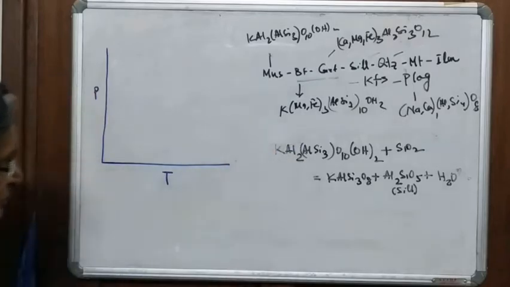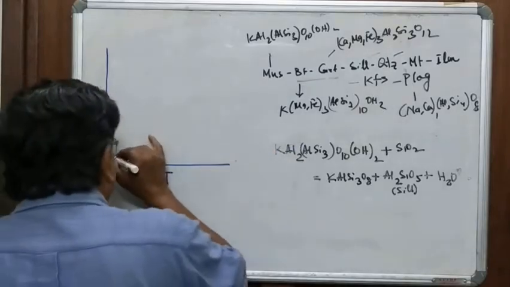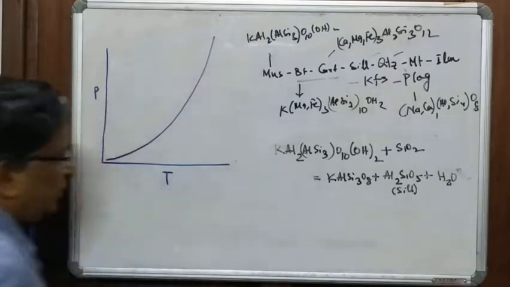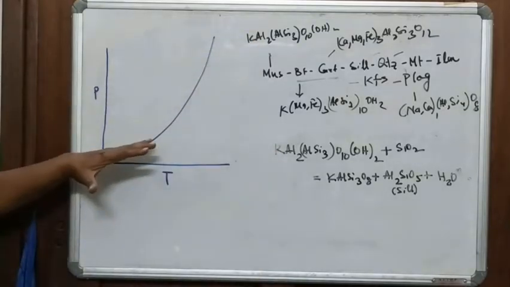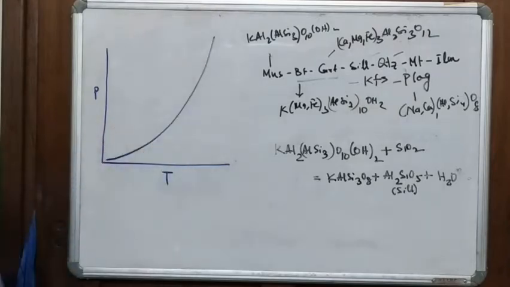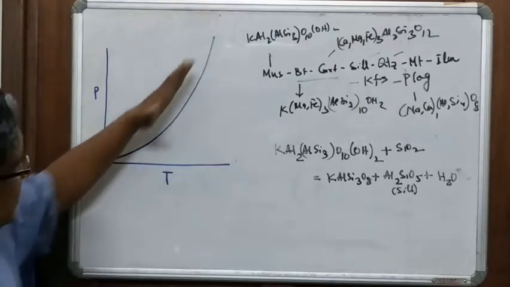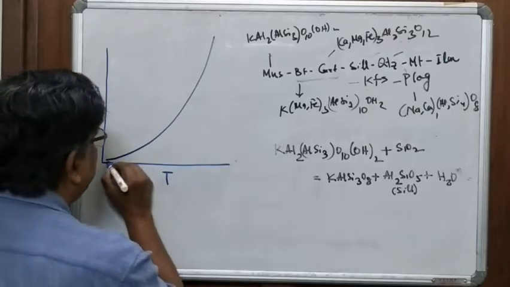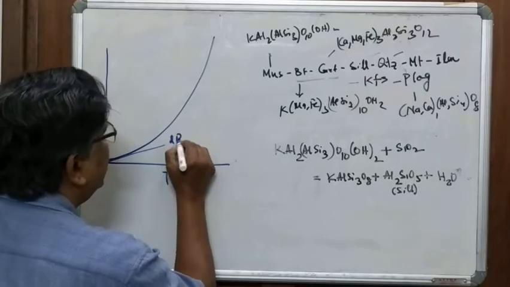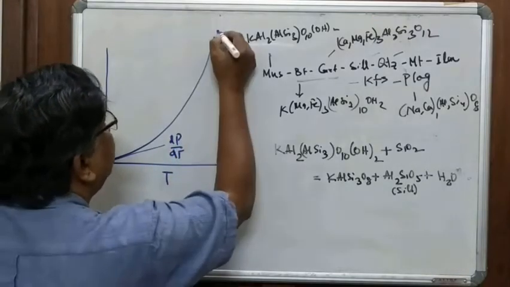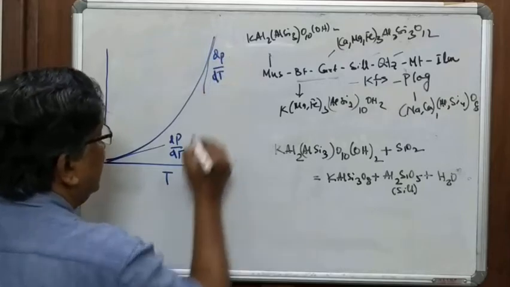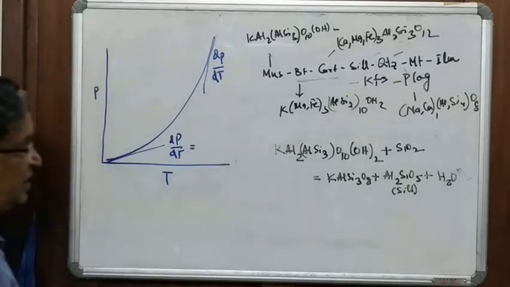This reaction has a shape like this. This I discussed before. There is a gentle slope and a steep slope. At the higher pressure, you have a steep slope. Remember, if you draw a tangent here, this tangent is dP/dT, and if you draw a tangent here, it's dP/dT here. Then here you see dP/dT is low.